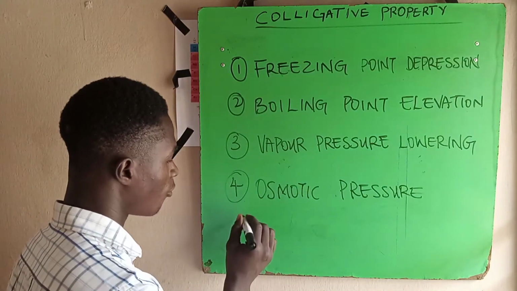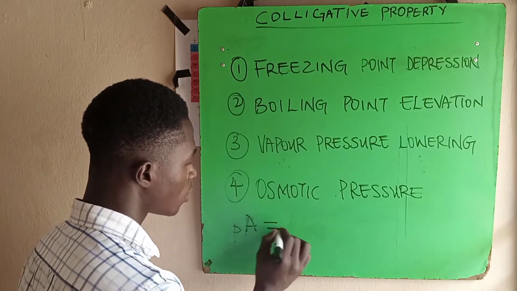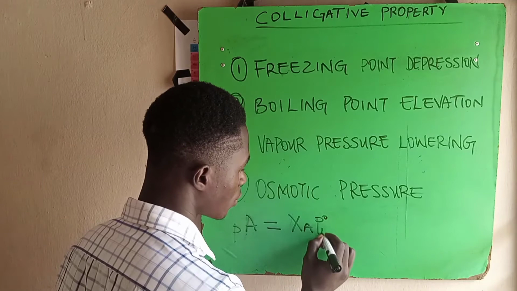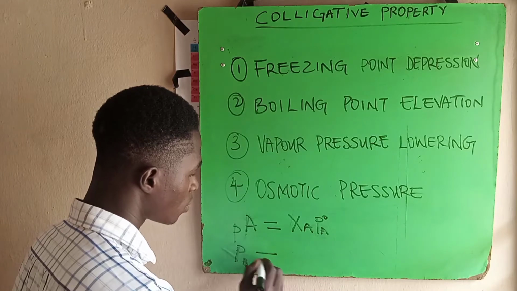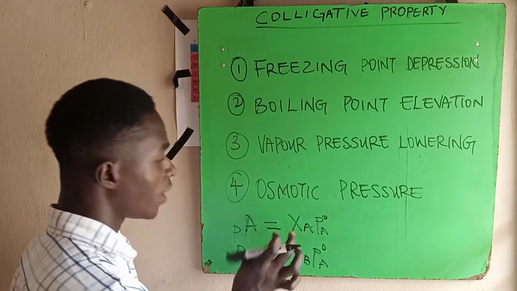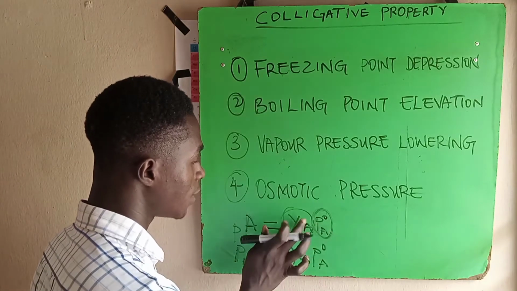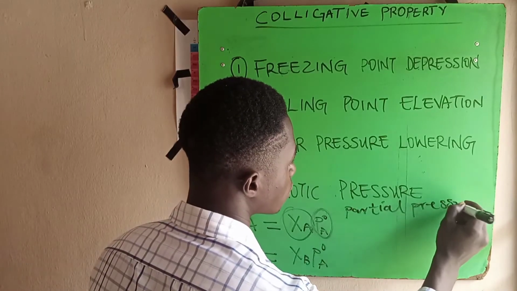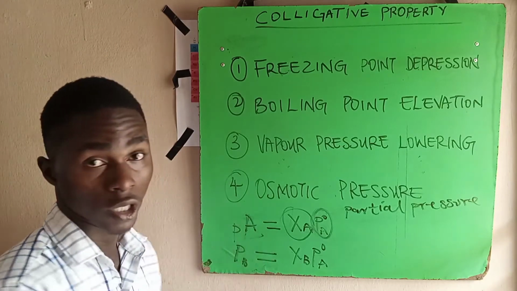If you are to calculate the vapor pressure of a particular solution, let's say solution A, the vapor pressure of solution A, let's say PA equals XA multiplied by P naught A, and for another solution PB equals XB, P naught B, where P naught A is the standard vapor pressure and PA is the partial pressure of that particular constituent or solution we are given.